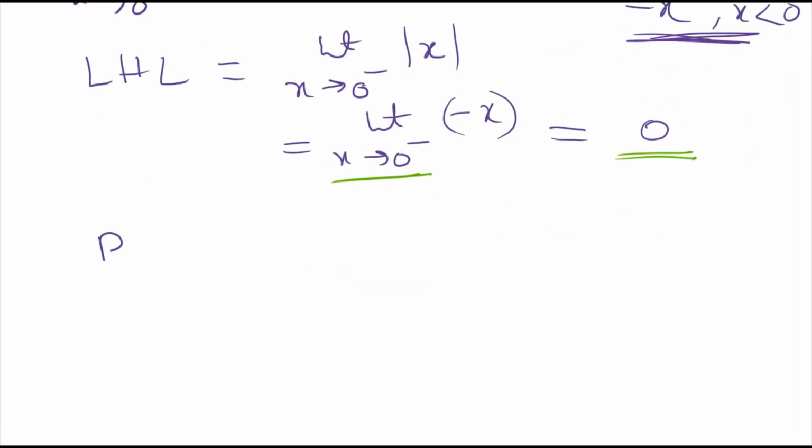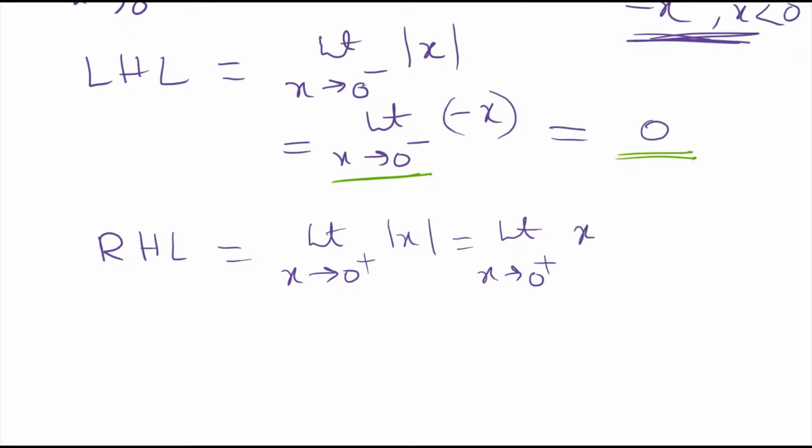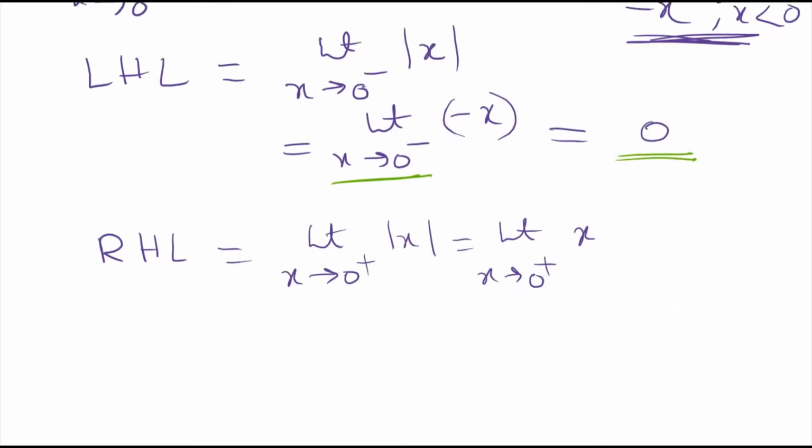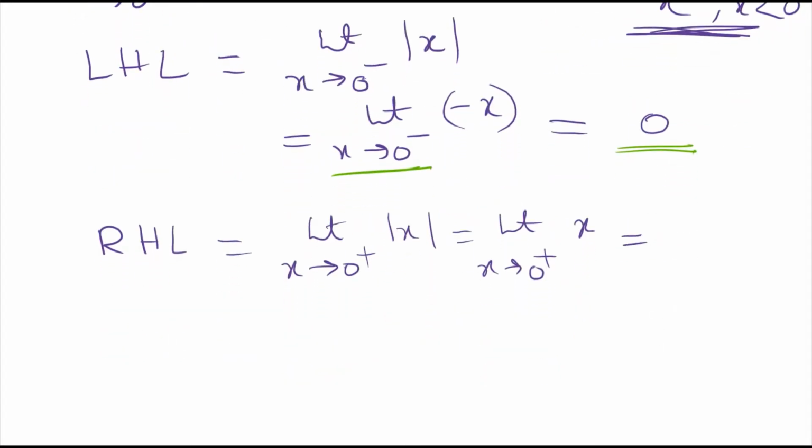Applying the right hand limit, RHL equals limit x tends to 0 plus mod x, which equals limit x tends to 0 plus x. For x more than or equal to 0, mod x equals x. On applying the limit, I'll get 0 as the value.